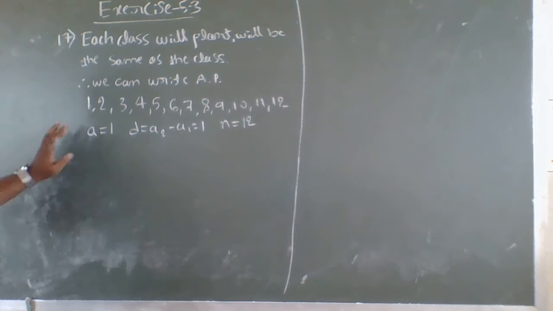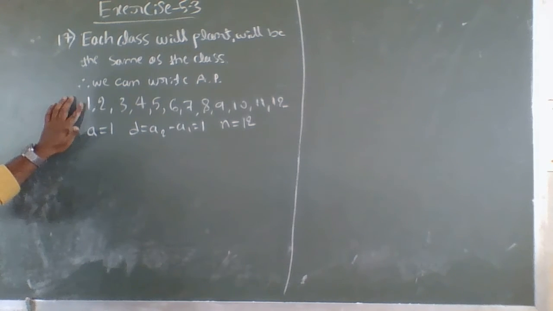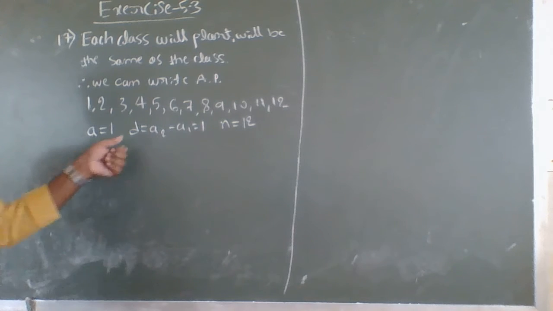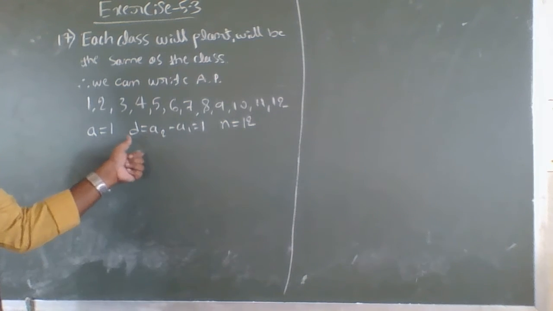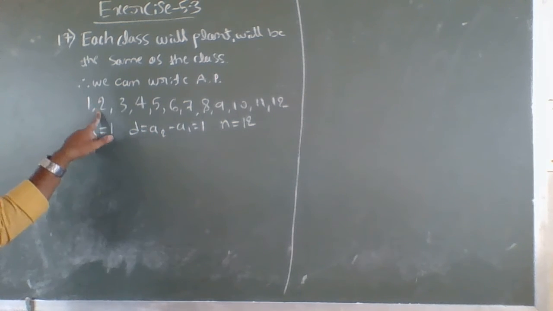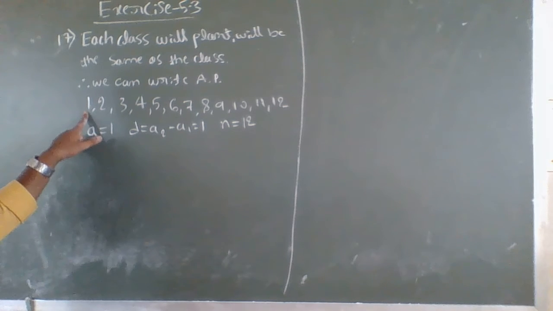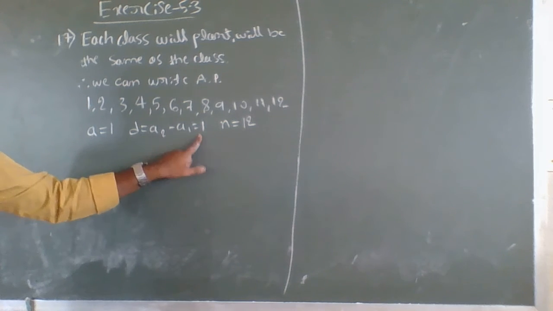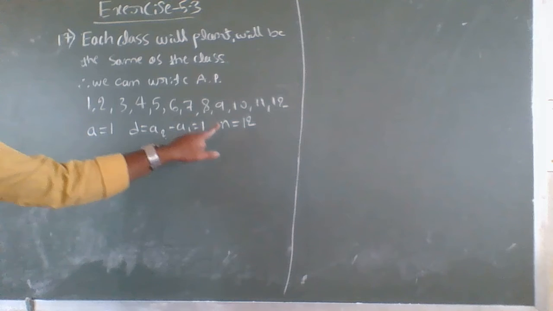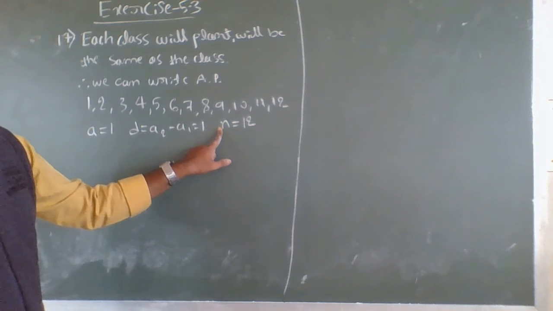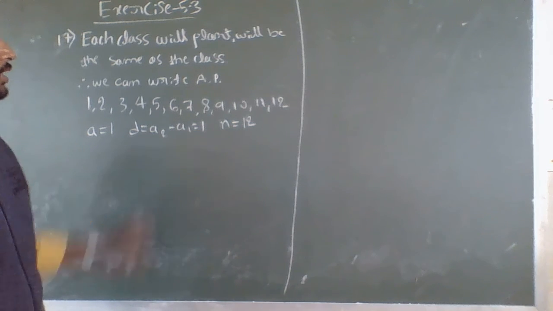So here, what is the first term? a value is 1. First term is 1, and we can calculate d value. d is equal to a2 minus a1. a2 is 2 and a1 is 1. 2 minus 1 means 1. And here n value. n means number of terms. What is the n value?